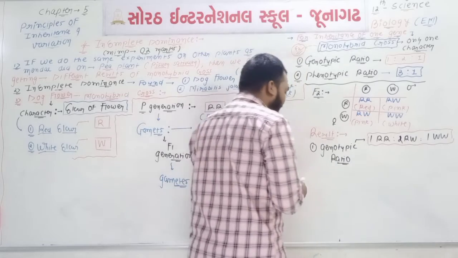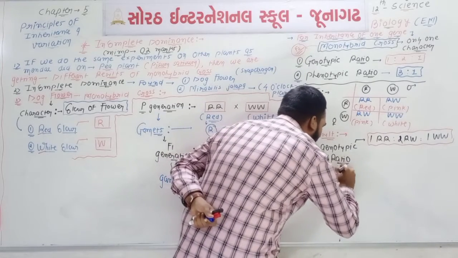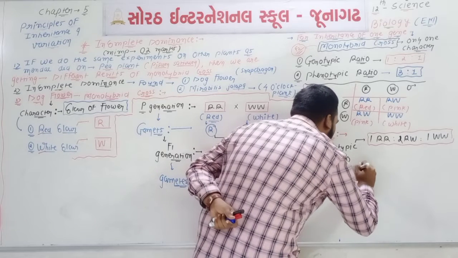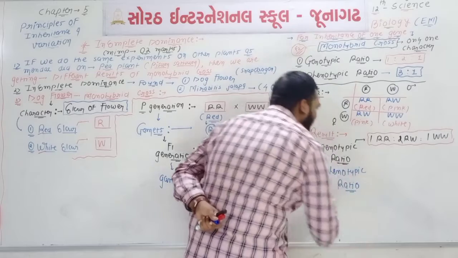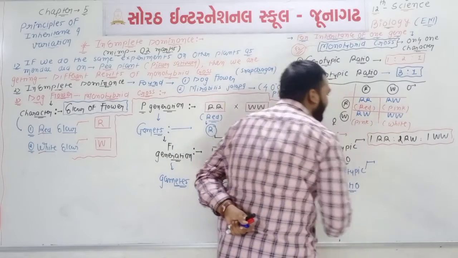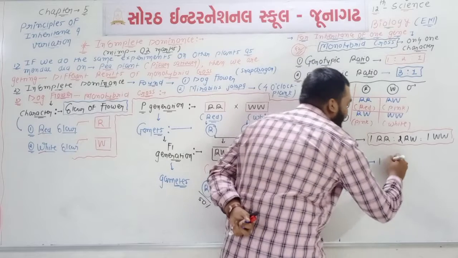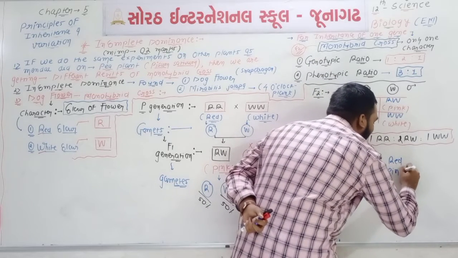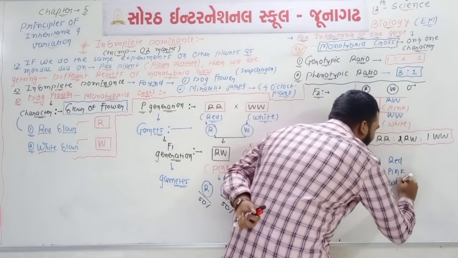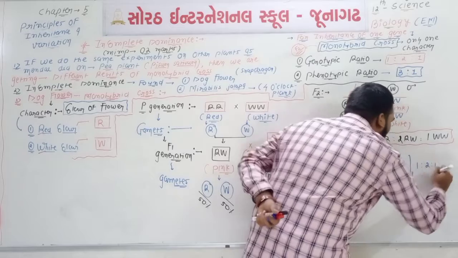But if we talk about the second option, which is known as the phenotypic ratio, then in the phenotypic ratio 1 red colored flower is there, 2 pink colored flowers are there, and 1 white colored flower is there. It means it will be 1 is to 2 is to 1.